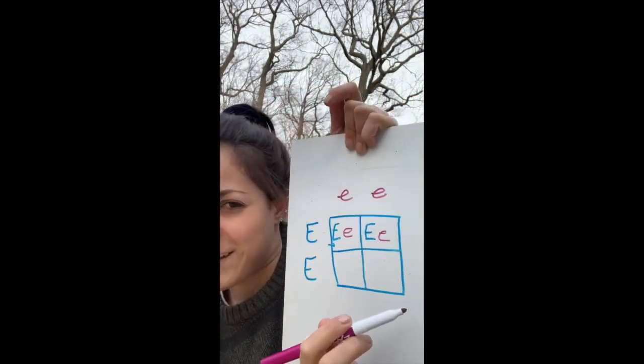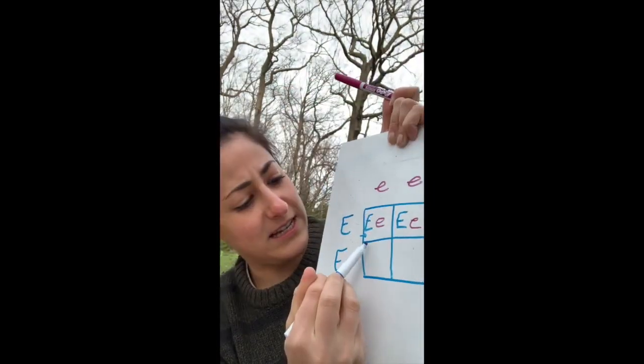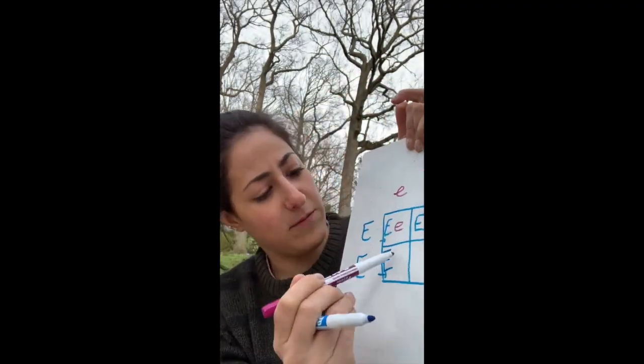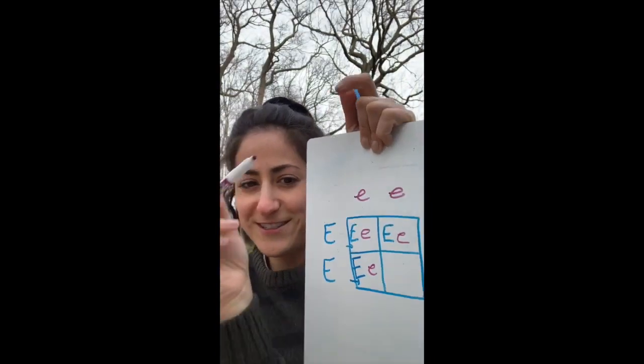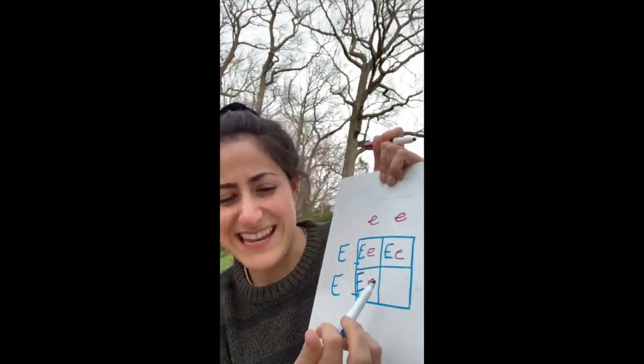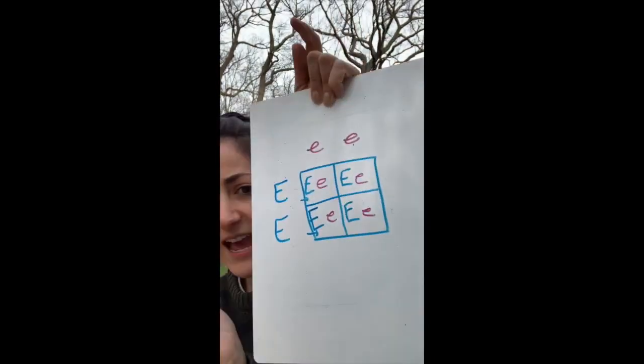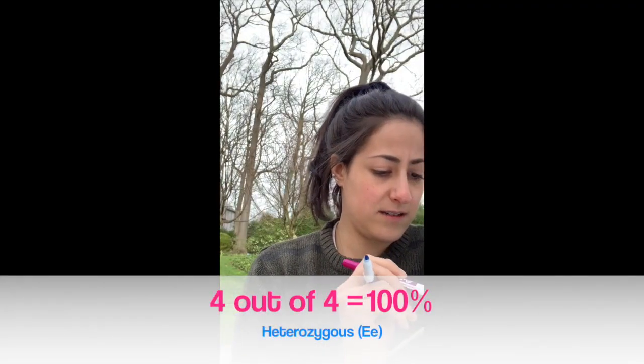This E comes down into this box, ooh, heterozygous. This E over here came from right there. This E from the top coming in there, heterozygous. What do you think? This one coming across from over here, this recessive E coming down, and there we have it, 100% heterozygous.